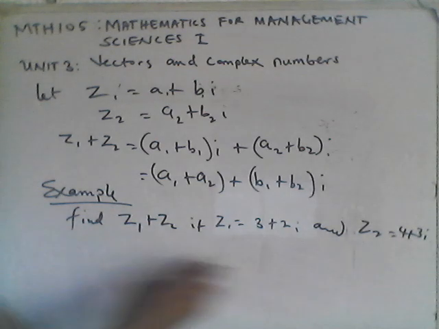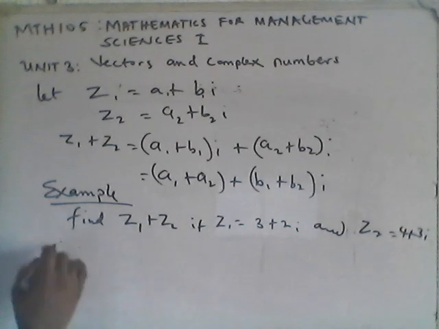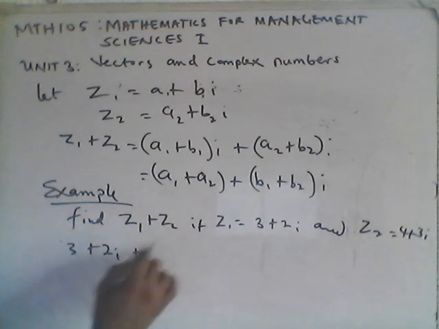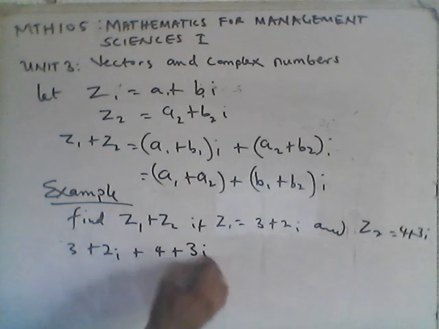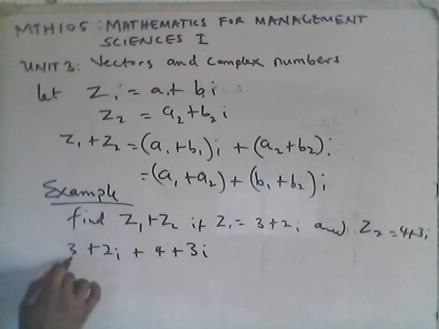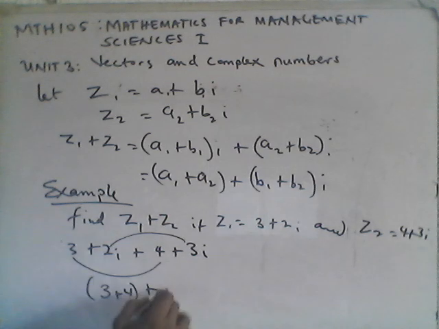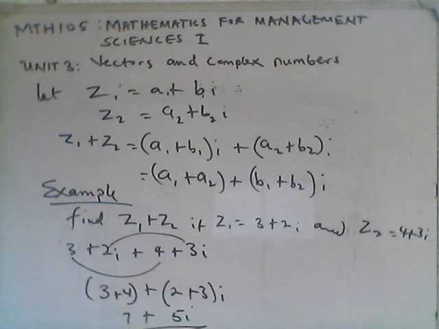Okay, so now at this point, I will say Z1 is 3 plus 2i, then plus Z2 is 4 plus 3i. So collect the real parts, this and these are the real parts, 3 plus 4, plus, collect the imaginary parts, 2 plus 3, then i. So 3 plus 4 is 7, plus 5i. That's the answer. 7 plus 5i.